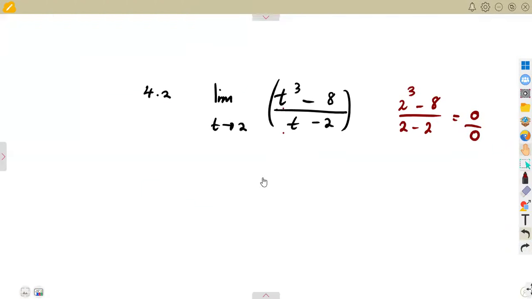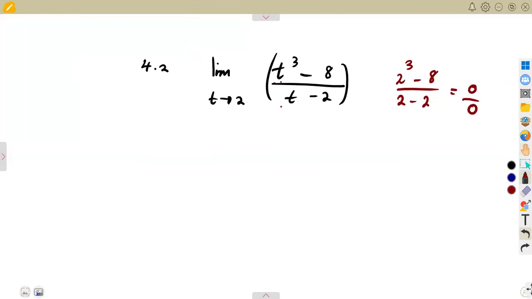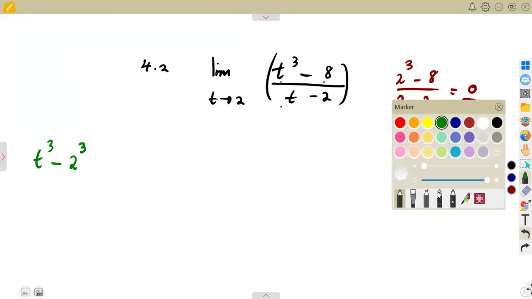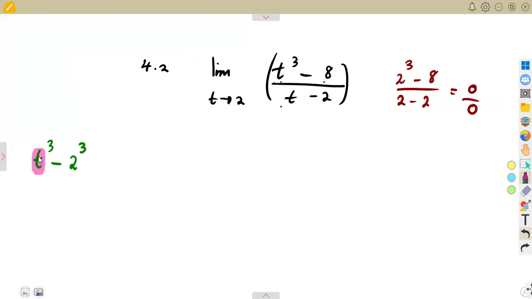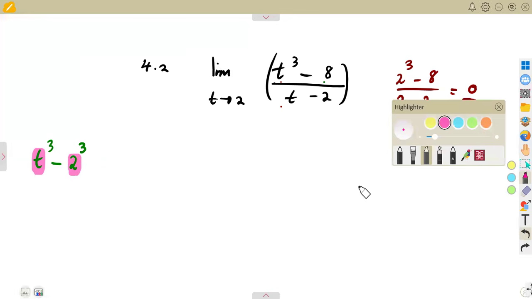That is a cubic expression that we are given there. t to the exponent of 3 minus 8: 8 is the same as 2 to the exponent of 3. Why am I referring to this part? This t and the 2 raised to the exponent of 3 can be factorized.